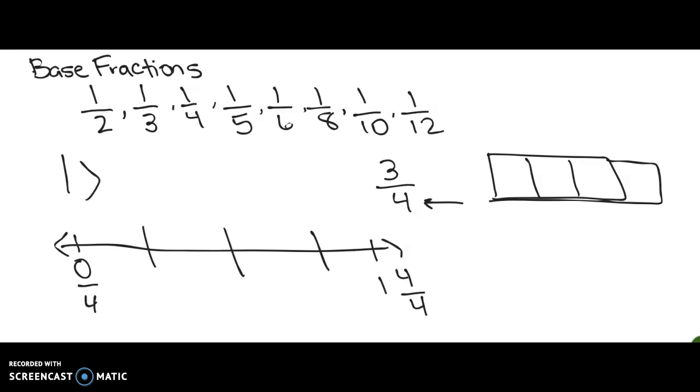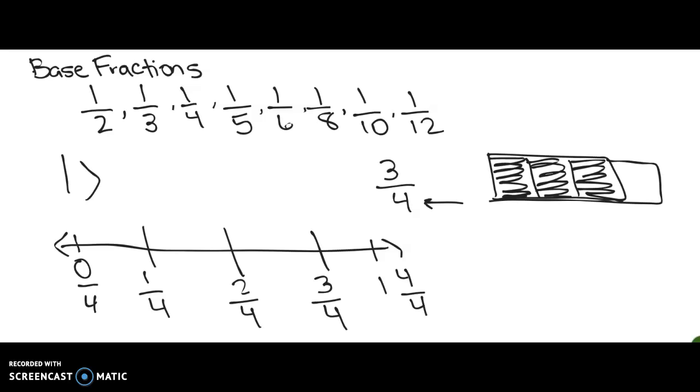So we know next would come 1/4, and that would be 1 out of 4 parts shaded in. Then we have 2/4, 2 out of 4 parts shaded in. Then 3/4, 3 out of 4 parts shaded in, and 4/4 would be all 4 of them shaded in.